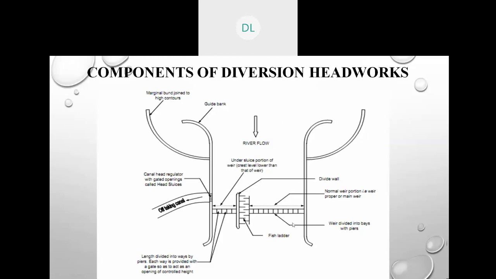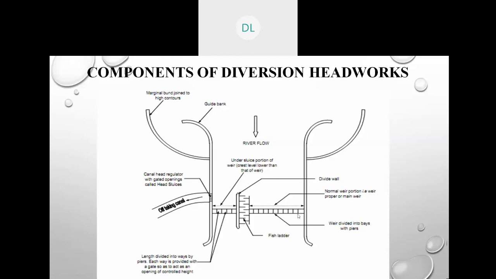Now, when we think that this is the right point to construct a weir and can take a canal from this side, this is called site selection. There are 2-3 slides coming up on that, on what should be the site of a weir or barrage. What is the important thing?